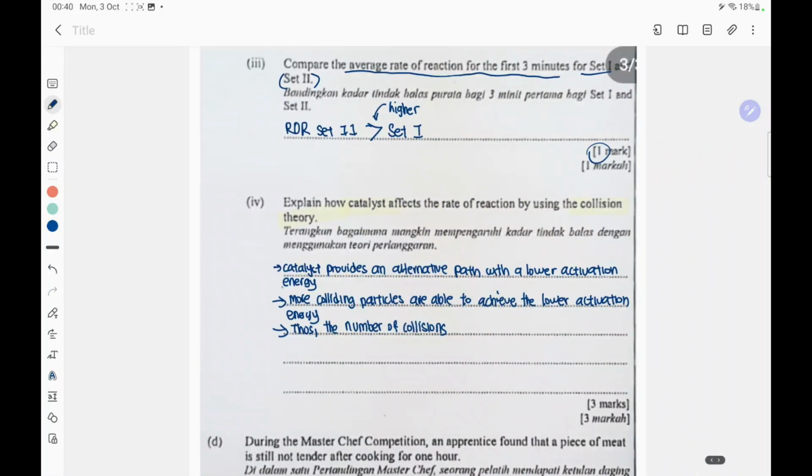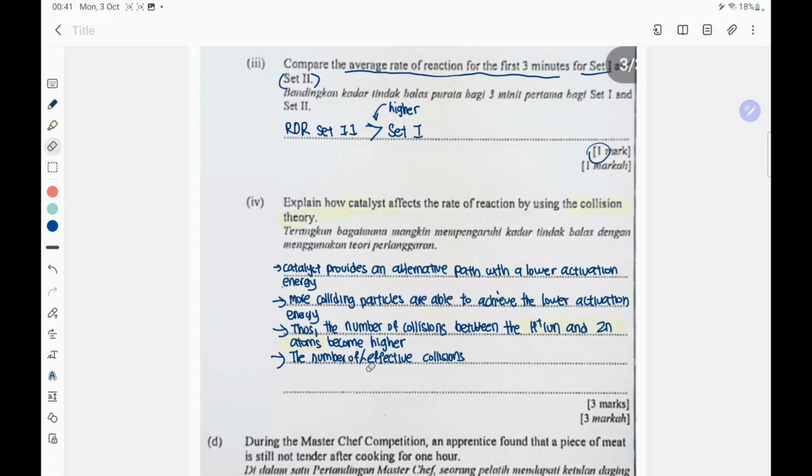So in this experiment, we are looking at the number of collisions between the hydrogen ion and zinc atoms become higher, and therefore the number of effective collisions. Once you have stated the hydrogen ion and zinc atom one time, the next time you can just write the number of effective collisions.